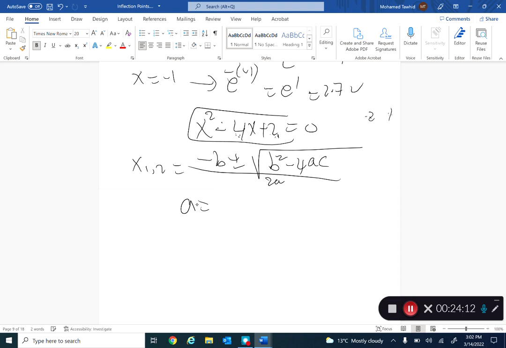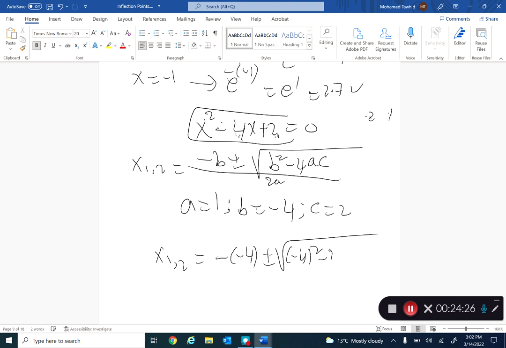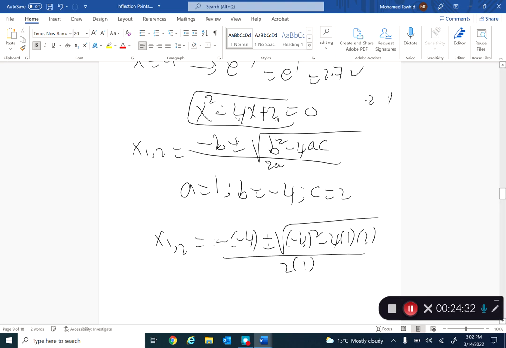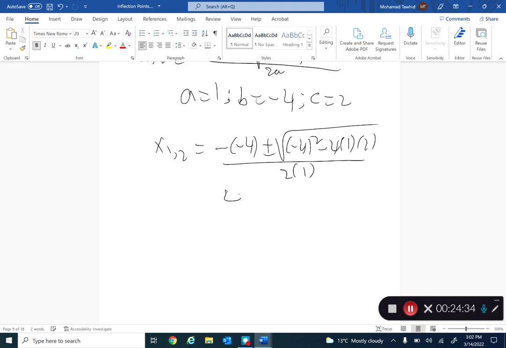So what is your a? 1. What is your b here? Negative 4. What is your c? 2. So what is the solution then? Negative b, which is 4, plus or minus the square root of b squared, which is negative 4 squared, minus 4ac, which is 4 times 1 times 2, over 2a. What is a? 1. If I simplify this, you get 4 plus or minus the square root of 16 minus 8, over 2.